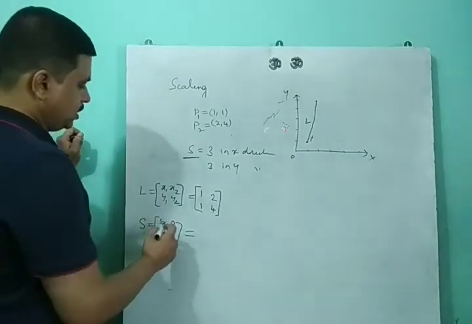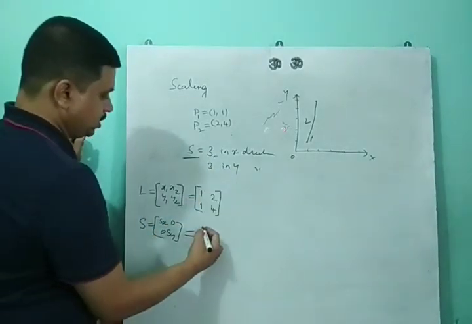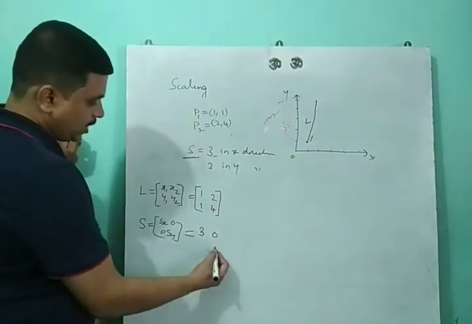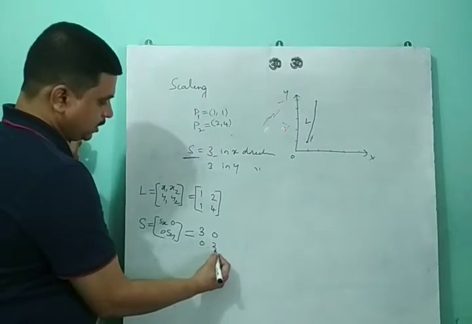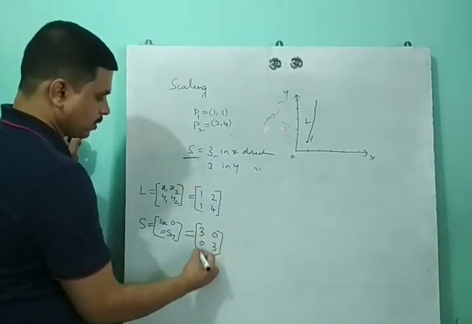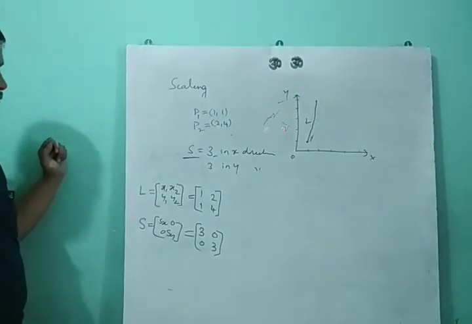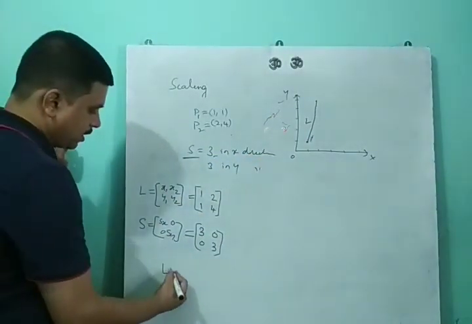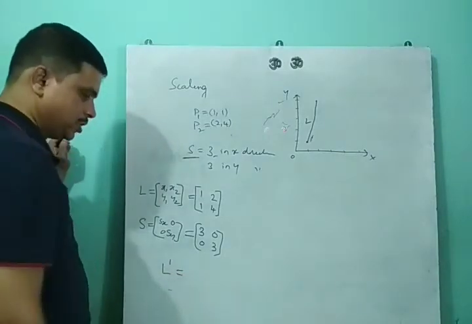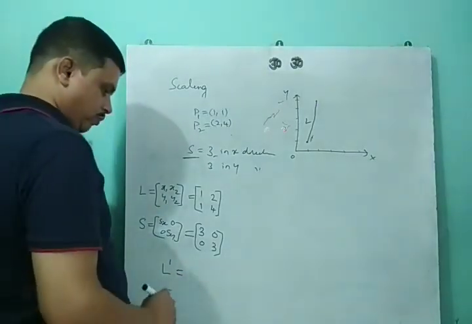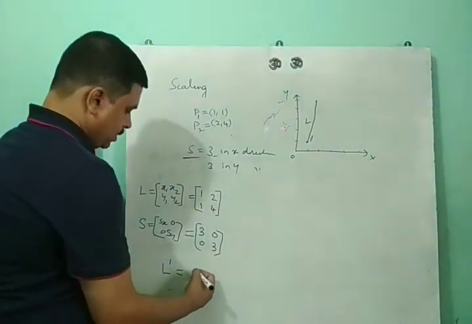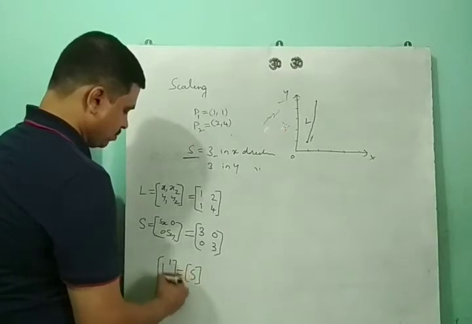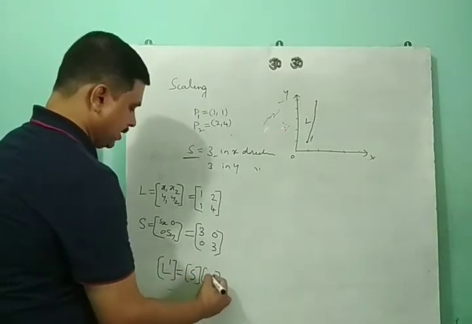That is nothing but scaling in the x direction, that is 3 units, 0, scaling in the y direction, again 3 units. Now the scaled line is calculated as L dash is equal to the scaling matrix times the given line.